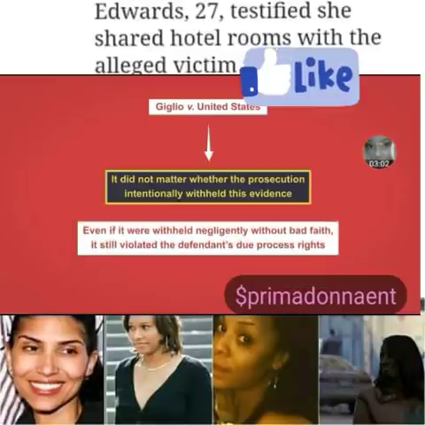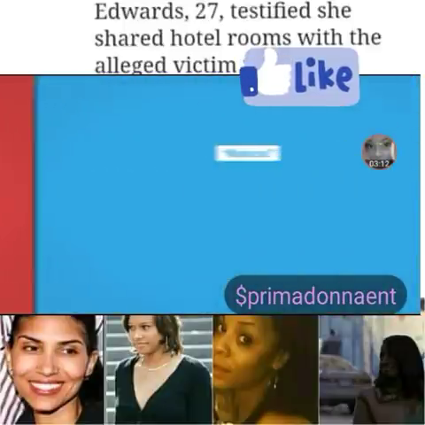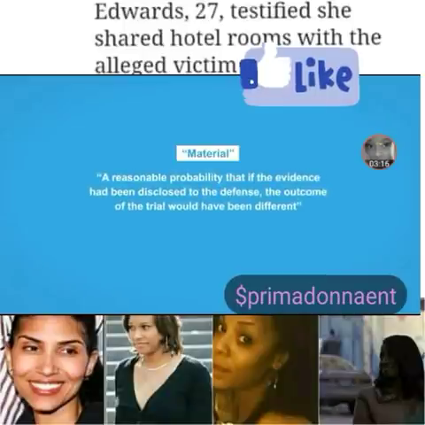Even if it were held negligently, without bad faith, it still violated the defendant's due process rights. The defendant was therefore entitled to a new trial. Material has been subsequently defined as a reasonable probability that if the evidence had been disclosed to the defense, the outcome of the trial would have been different.